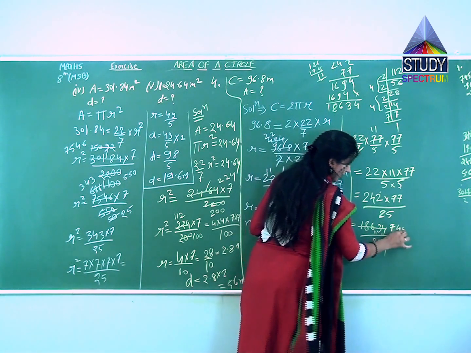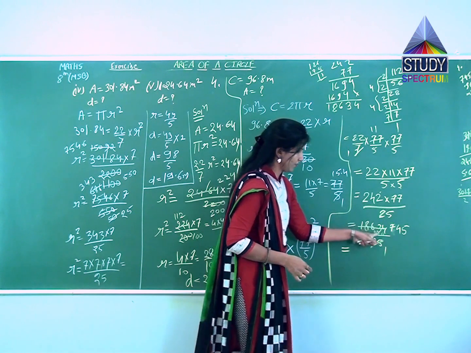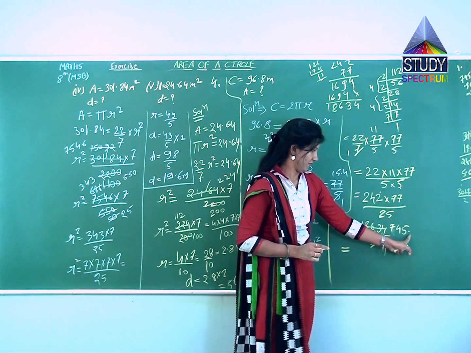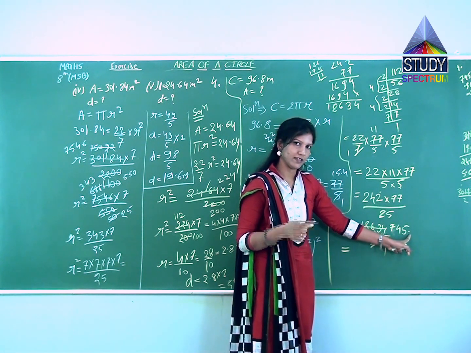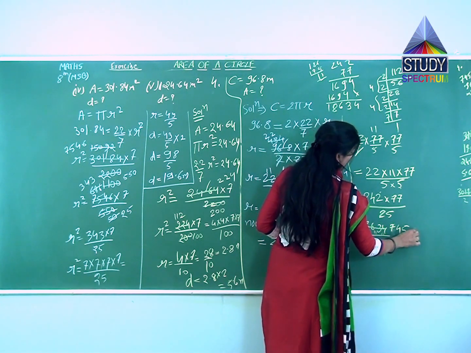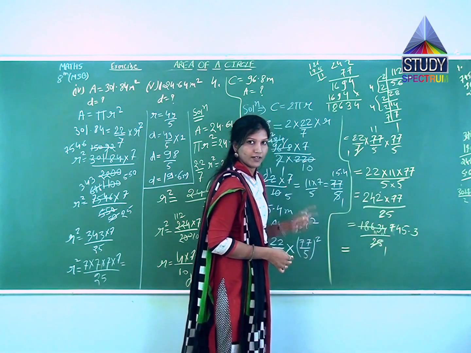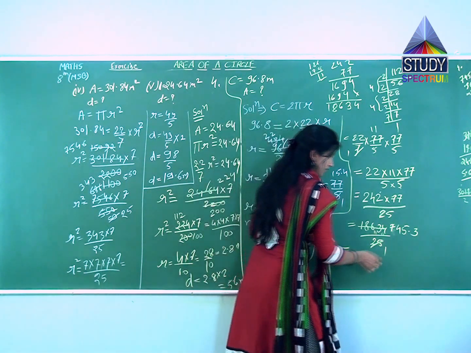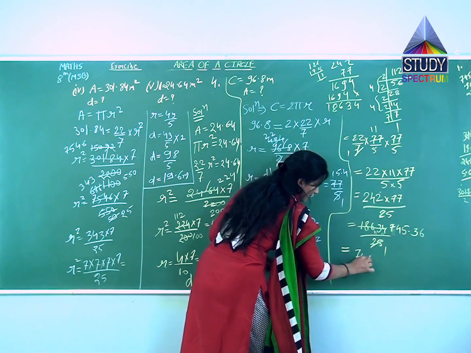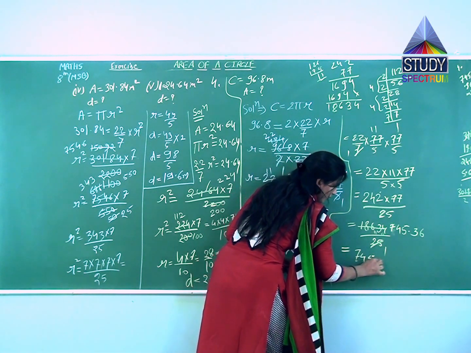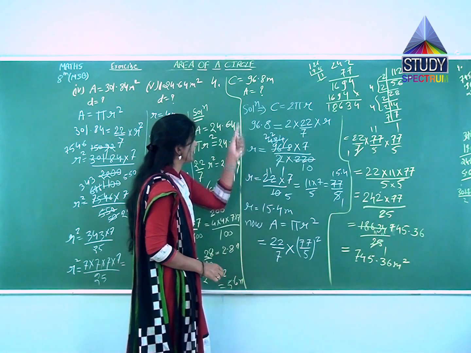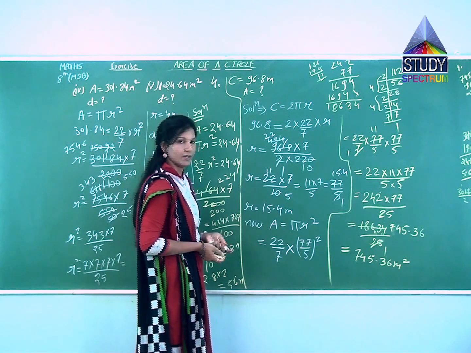Now 25 fives are 125. 134 minus 125, 9. Point. If a decimal comes here, then 90 will be there. And 25 threes are 75. 90 minus 75, 15. Again a 0 and 25 sixes are 150. So the area will be 745.36 meter square if the circumference is 96.8 meter.